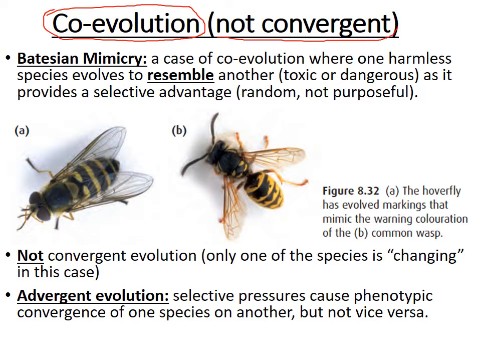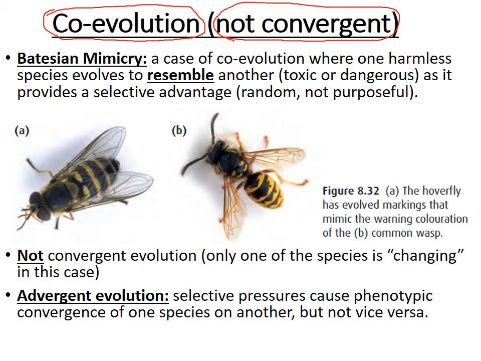Convergent evolution is simply when organisms start to look alike because of similar environments, but they're not necessarily evolving in response to each other. The dolphin is not evolving because the shark is evolving, they just have similar structures because they both live in aquatic environments. Batesian mimicry is a really cool example of coevolution, but it's a bit different.